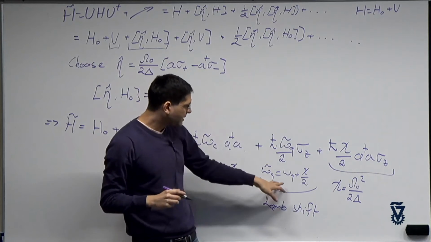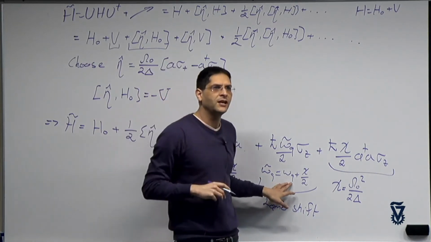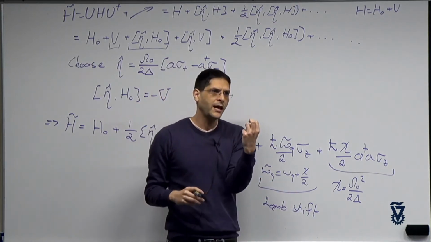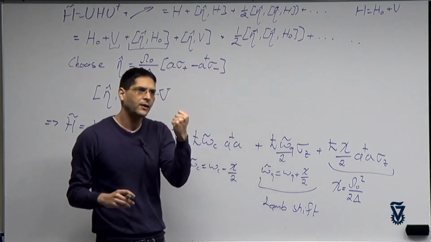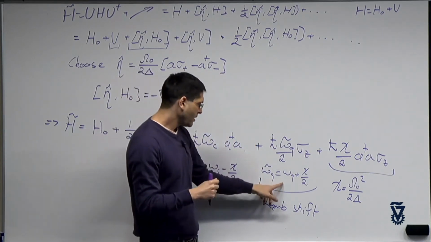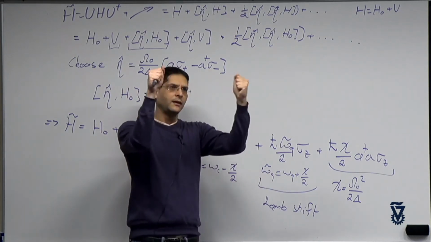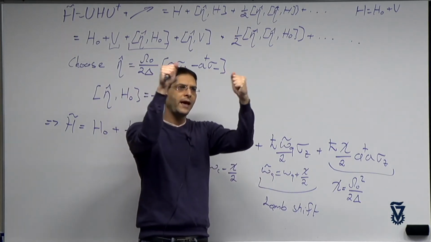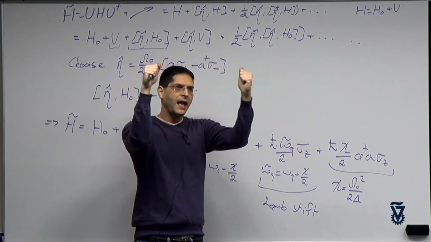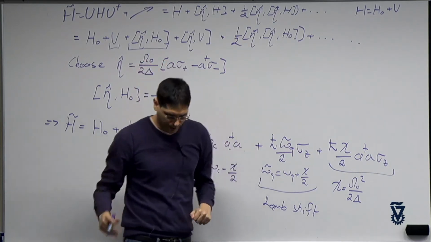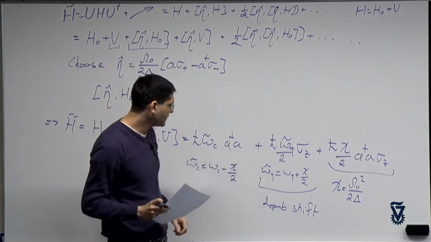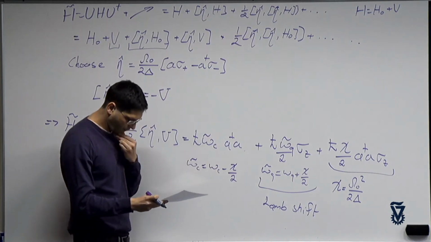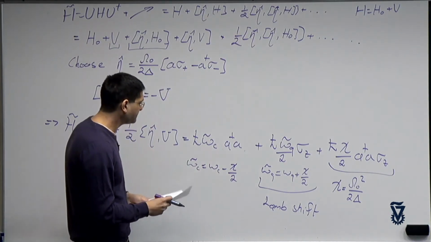And this is basically the single mode manifestation of this thing. But the underlying behavior is that the vacuum fluctuations are basically pushing, you can think of it as pushing away the electromagnetic field and the atom from each other. So this is kind of a manifestation of this Lamb shift thing.